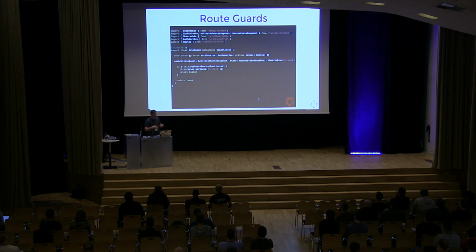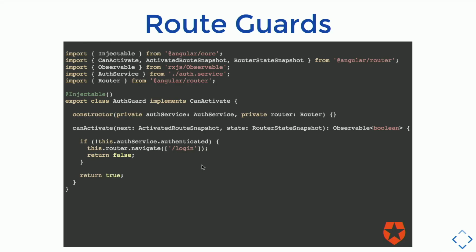But route guards allow us to provide the users a better experience. If they try to land on an orders page, for example, and they're not logged in, we can redirect them to the login page first. And the way route guards work is you basically implement an interface. Here I'm just implementing it on the canActivate state, but there's other states where we could do it, like canLoad and a couple other ones.